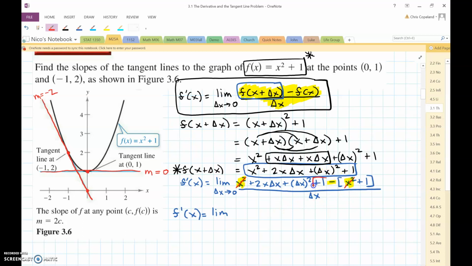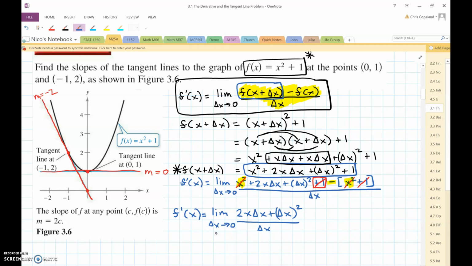Also, notice I have a positive 1 minus 1, so those are going to cancel out. So now I'm left with 2x delta x plus delta x squared all over delta x as delta x goes to 0.